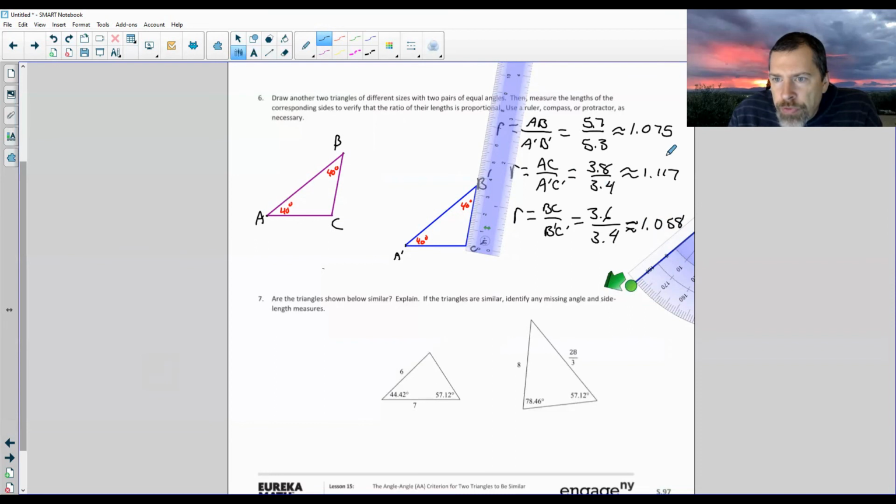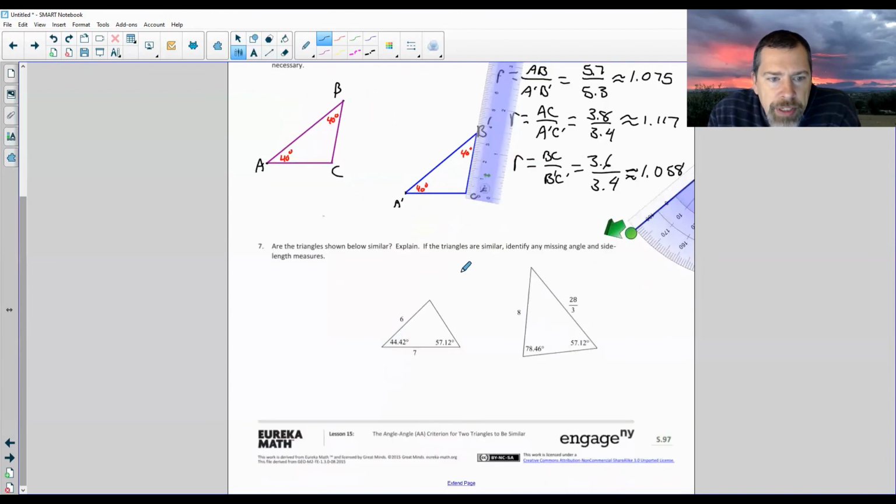So 1.05, 1.07, 1.11, it's all within a couple hundredths of a centimeter, a couple tenths of a millimeter, which is pretty darn close. So my R is, I would say, equal in all three cases.